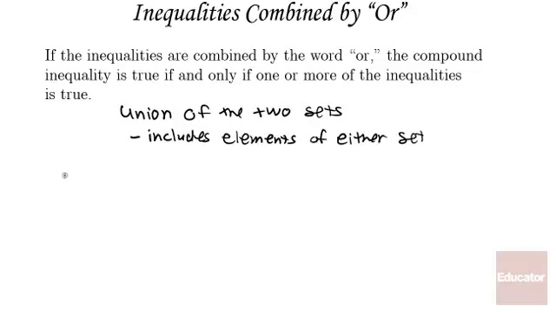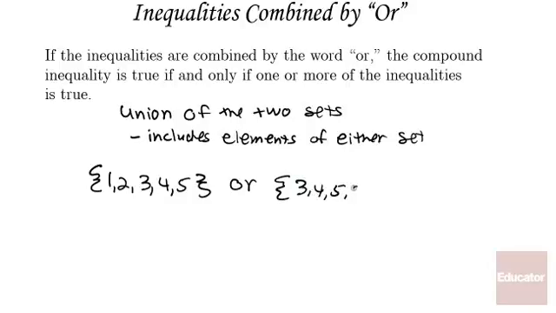For example, let's say I have two solution sets. One is 1, 2, 3, 4, 5. And I said it can be this, 1, 2, 3, 4, 5, or 3, 4, 5, 6, 7. Well, that means that I'm going to include elements that are in this one, that are in this one, and that are in both. I could rewrite that, saying, okay, I've got a 1. I don't need to duplicate things. I've got a 2. Well, I have a 3 in both, so I'm just going to write 3 one time.